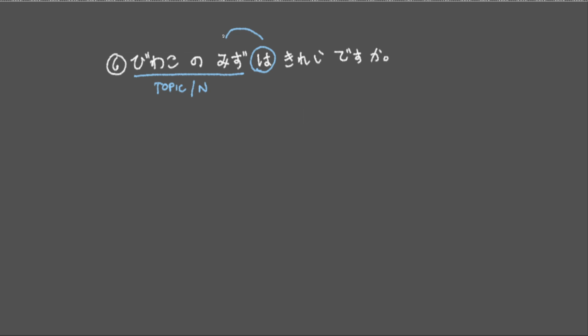Okay, continuing on our next sample sentence, we have number 6. 琵琶湖 Lake Biwa の水はきれいですか? Now again, topic or noun, marker of the topic, predicate, question.